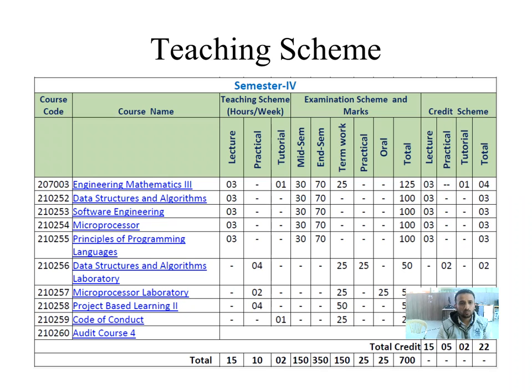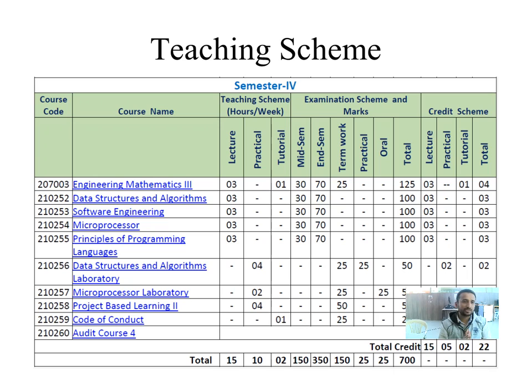To complete this syllabus, each subject has 3 lectures per week throughout this semester. So with the help of 3 hours per week, we are going to complete the overall syllabus for each and every subject. In this teaching scheme, you can observe that there is also one tutorial for Engineering Mathematics.